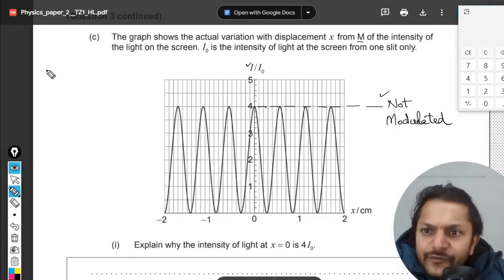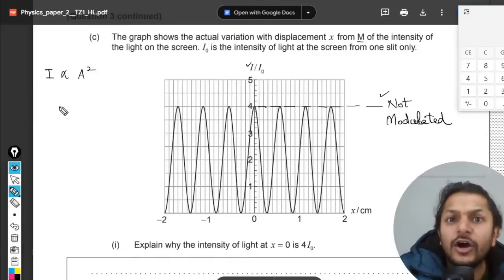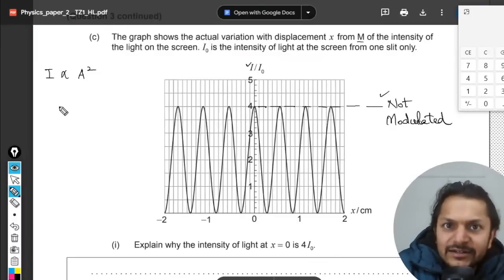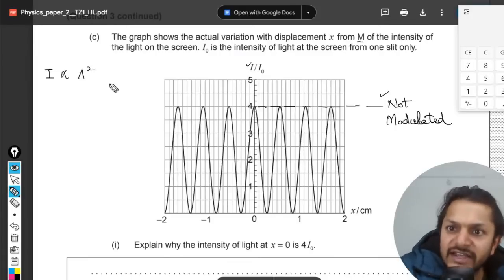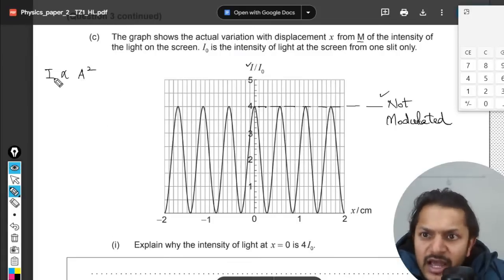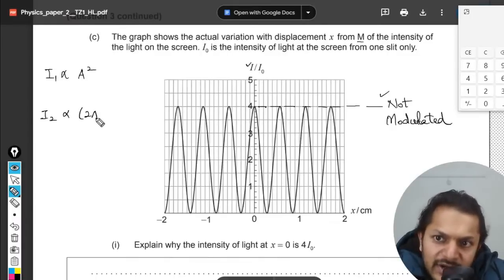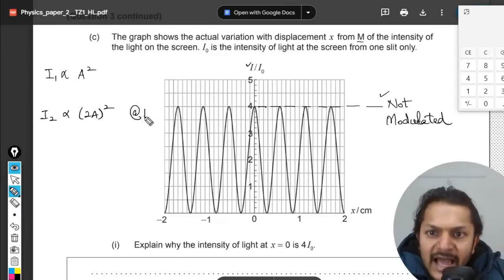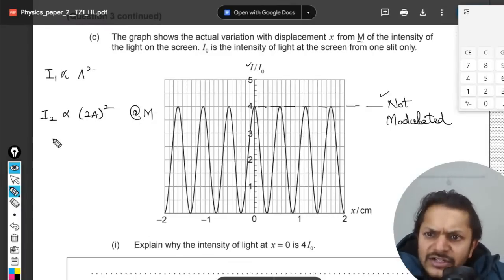There is the formula that we did, I think, in topic 4, that intensity is directly proportional to the square of the amplitude. So if you're considering only one slit, the amplitude of the wave that will reach the screen is A, and I'm just calling this intensity I1. In the second case, the amplitude doubles because constructive interference is taking place at M. So this is 2A squared.